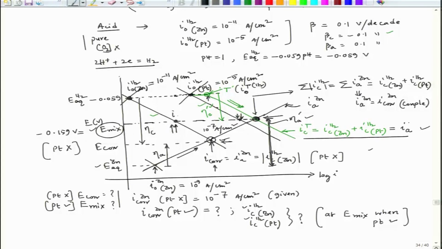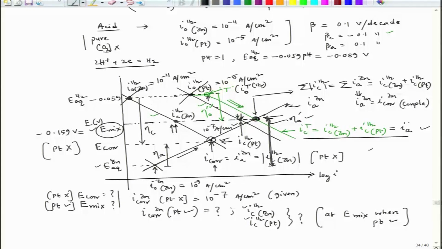In fact, this reaction is hydrogen on zinc, and this point is I0. So, it is IC, hydrogen reaction on platinum. So, these 2 points can be easily found out.